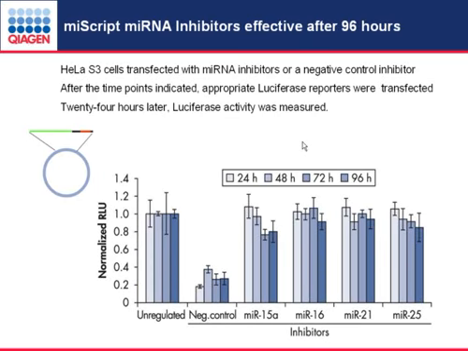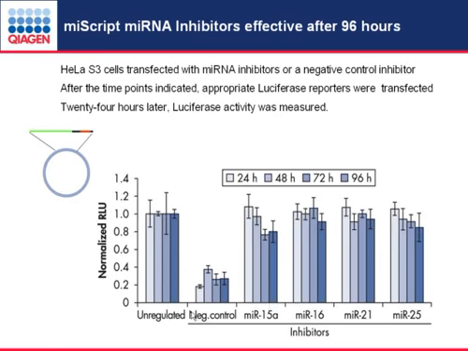And to turn to an experiment done with miScript microRNA inhibitors, HeLa S3 cells were transfected using the HiPerFect transfection reagent with inhibitors for miR15, miR16, miR21, and miR25, or an inhibitor with a scrambled sequence, and this is the negative control. At the time points indicated, luciferase reporter constructs with the appropriate microRNA binding sites were transfected.